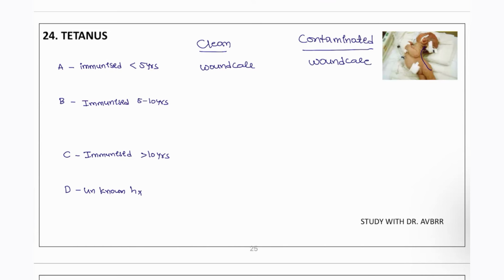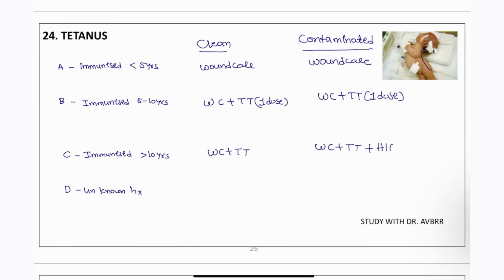So for 5 to 10 years, wound care is given, along with that, one dose of TT can be given. Same here, wound care plus one dose of TT is given for this patient. Next, more than 10 years: wound care plus TT plus human immunoglobulin is given.